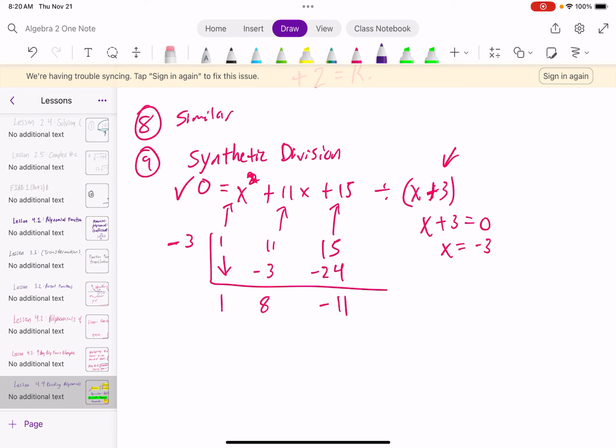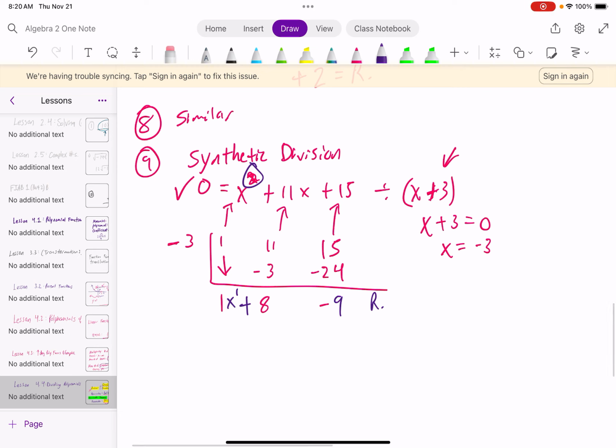Okay, but how do you make the quotient? Well, since it started off with the squared, this is going to be x to the first. It's just 1 less. That is a positive 8 and a negative 11. Remember, this is the remainder. Oh my gosh, I got my addition wrong.